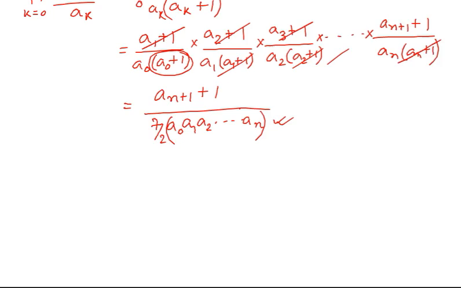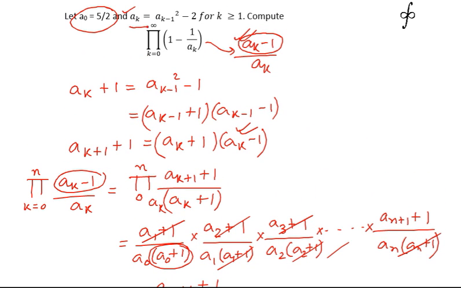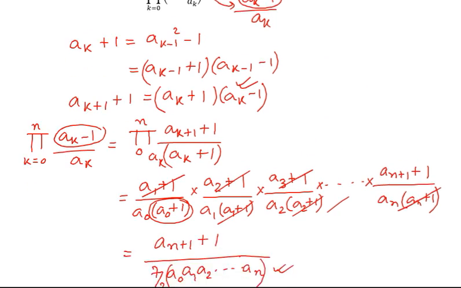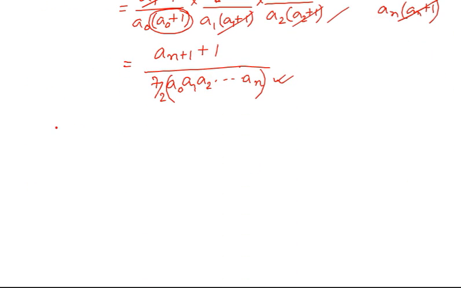So for this, again, if we go back to that recursive formula, that is a_k equal to a_{k-1} square minus 2, we can treat it in another way. If I square up both sides, a_k square will come out to be a_{k-1} to the power 4 minus 4 a_{k-1} square plus 4.